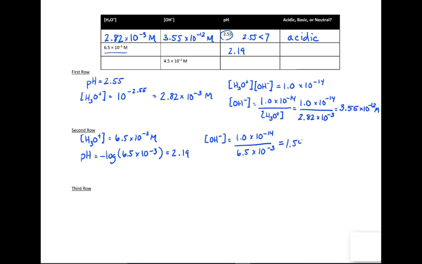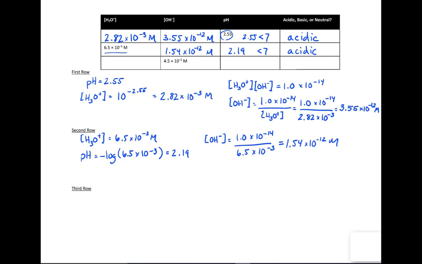Using our calculator, we find that the molarity of hydroxide ion is 1.54 times 10 to the minus 12 molar. All that remains is to determine whether the solution is acidic, basic, or neutral. Again, we see that the pH is less than 7, indicating that this is an acidic solution.